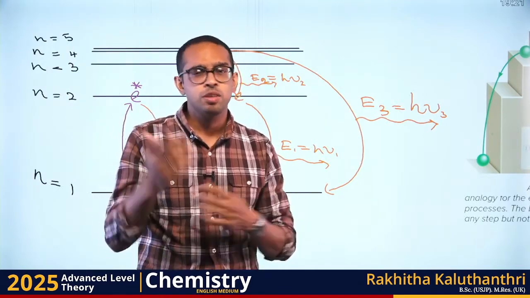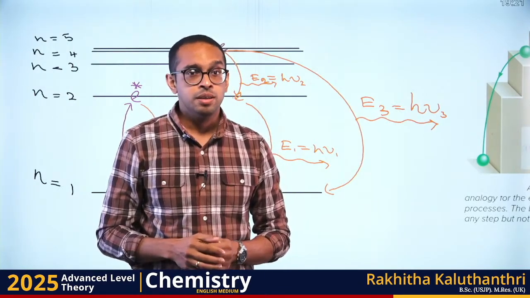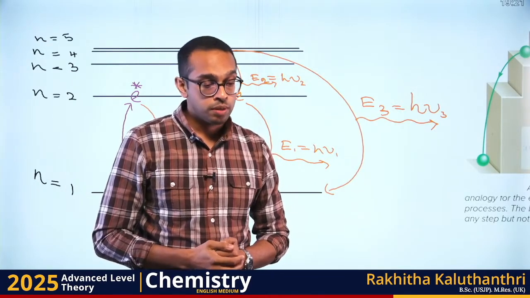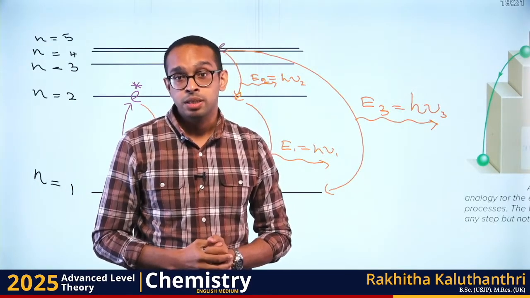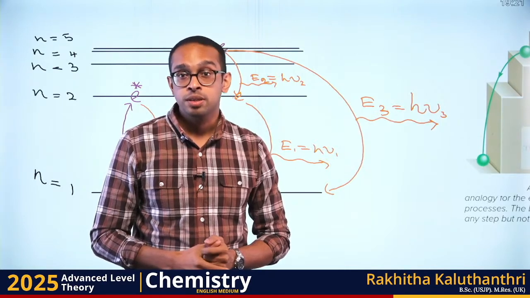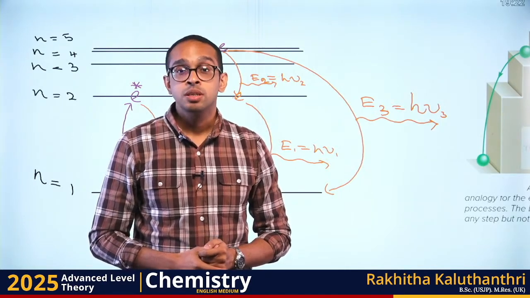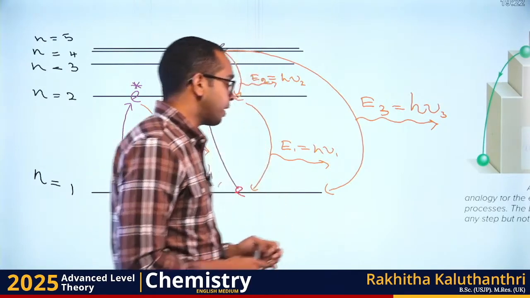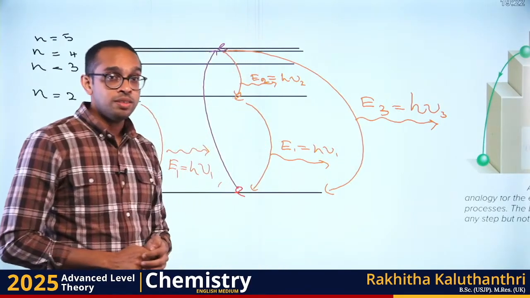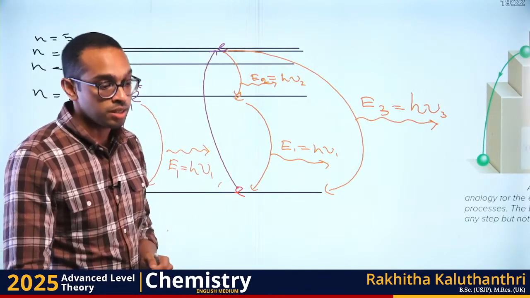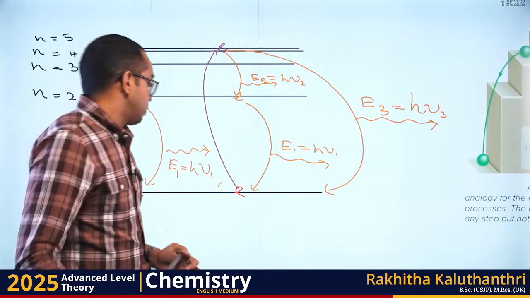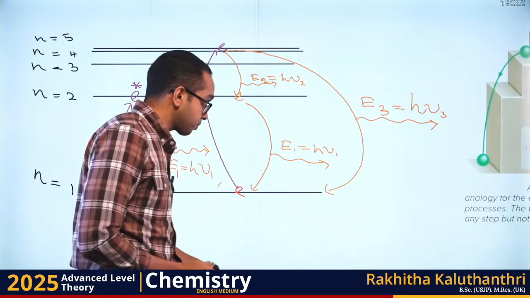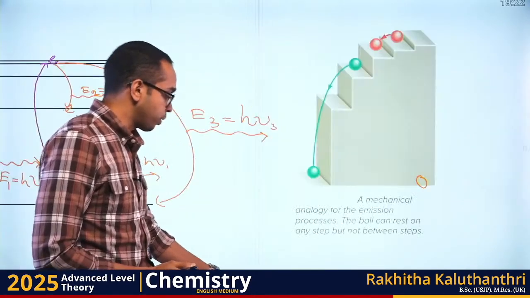So many different types of electron transitions can happen in a large number of hydrogen atoms. They can end up releasing a large number of different radiations which have different frequencies. That is what actually gives rise to hydrogen's emission spectrum. Okay students, that is something I wanted you to know before moving on to the next part.